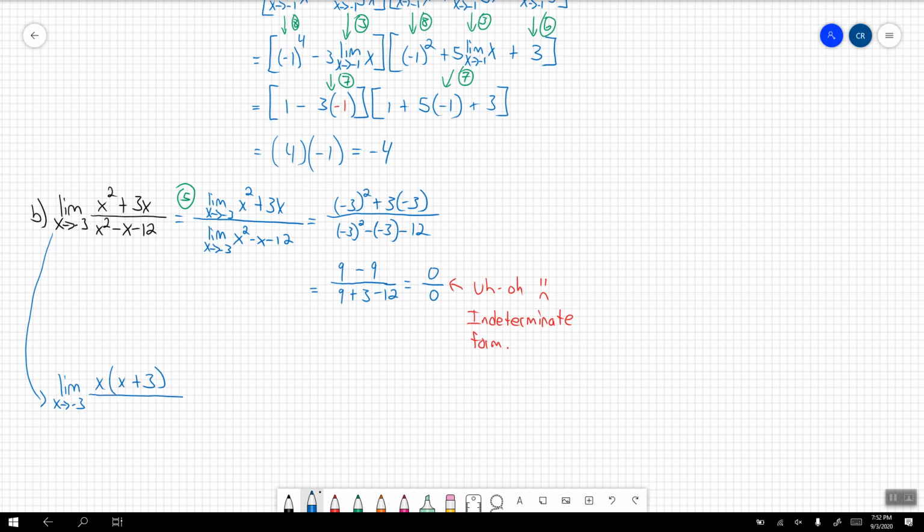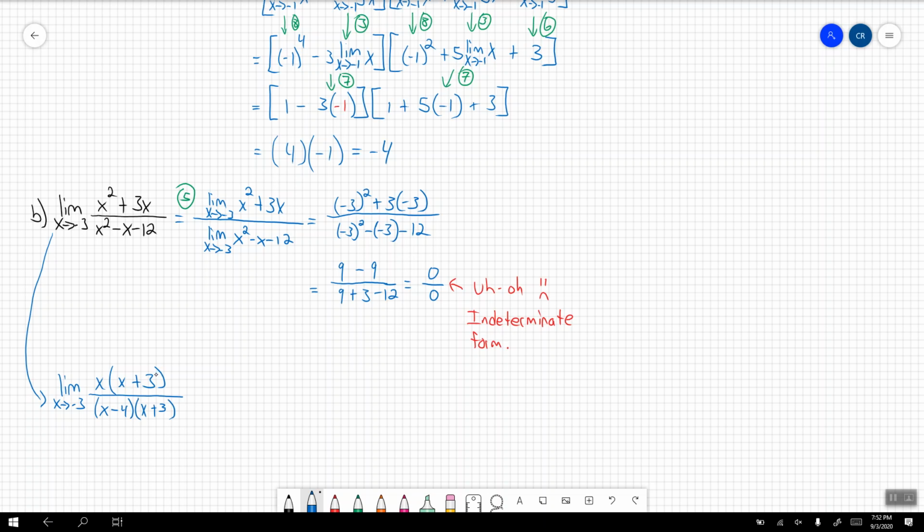The numerator has an x, so I pull that out. The denominator is a trinomial, and that trinomial does factor. Notice what happens here.